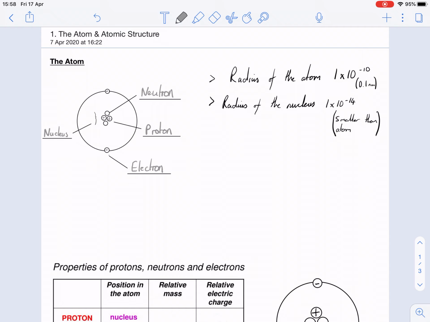And then if we go down slightly smaller and zoom into the center of the atom, the radius of the nucleus is 1 times 10 to the minus 14. The key thing to know is that the radius of the nucleus is obviously smaller than the radius of the atom overall. Again, that might sound very straightforward, but you just need to have those values clear in your head.